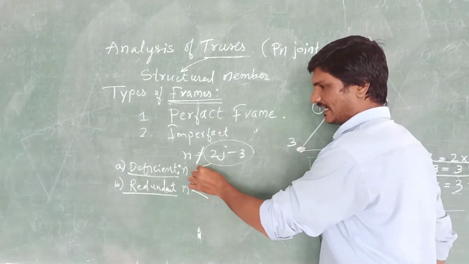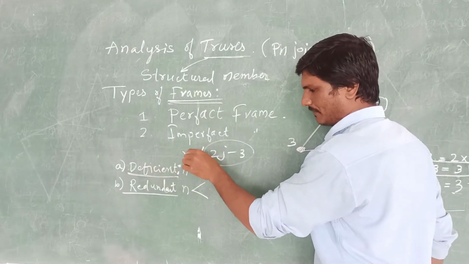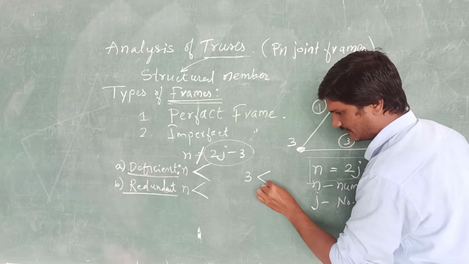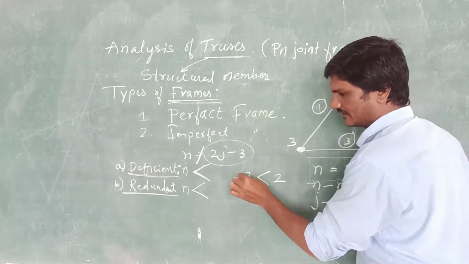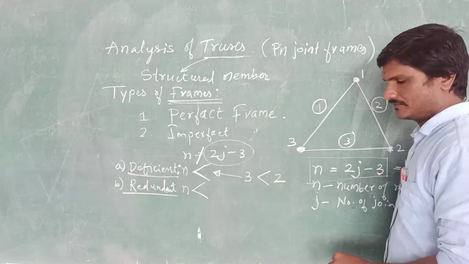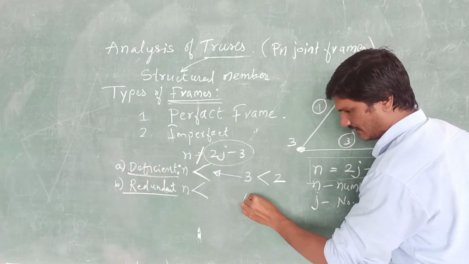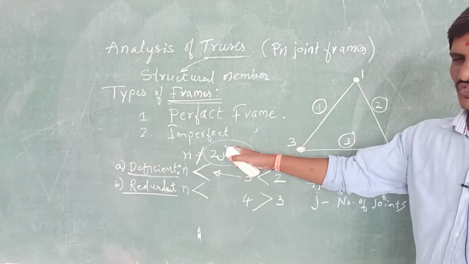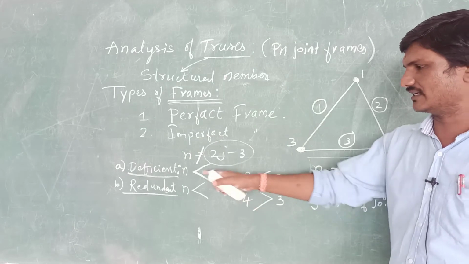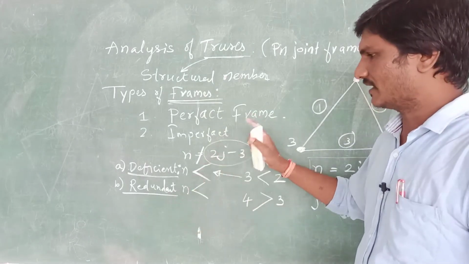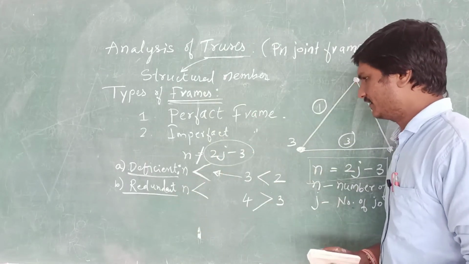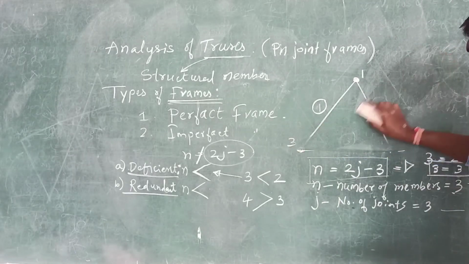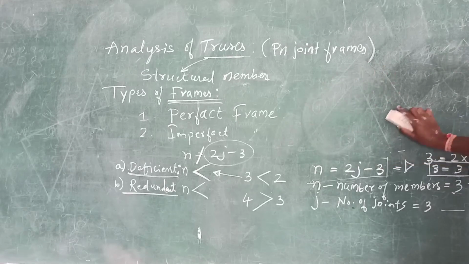If the number of members is more than the equation after substituting, then we will call it a redundant imperfect frame.